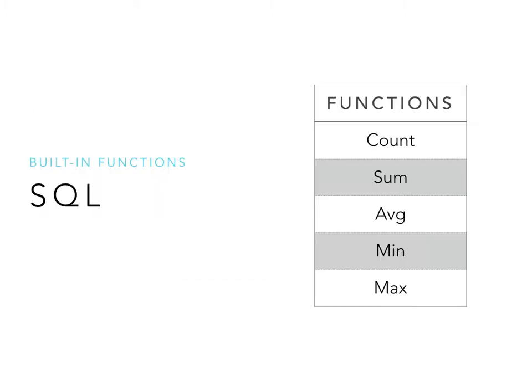Okay. Next is these built-in functions. Often we want to do some analysis, some processing to the data that we're looking at. Oftentimes this data is numeric, so some of the basic functions that all people that deal with data may want to use are these 5. We want to count the number of items, the number of rows. We want to get the sum of the things in the rows.